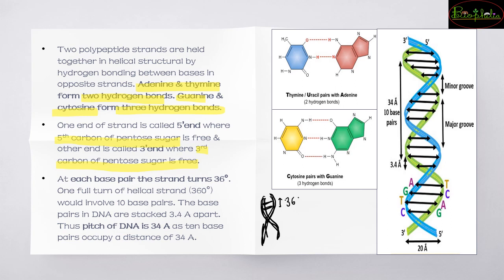At every base pair the strand will turn 36 degrees. That means after 10 base pairs there will be a complete helical strand, one full turn, that is 360 degrees, will have how many base pairs? 10 base pairs.